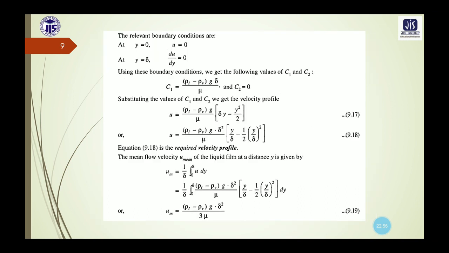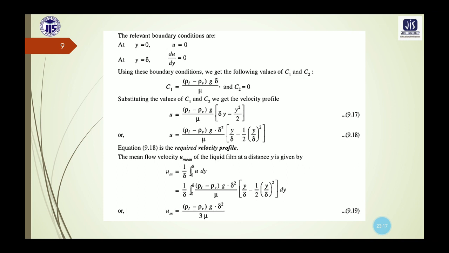What are those boundary conditions? At y equals 0, u equals 0, and at y equals delta, du/dy is 0. This concept of considering these boundary conditions we have studied in the boundary layer concept.